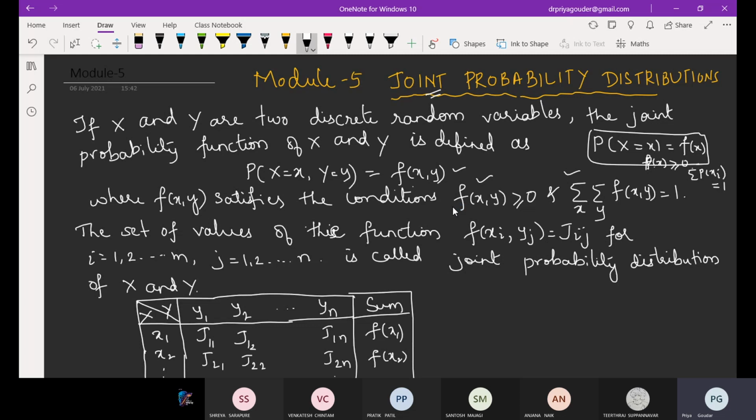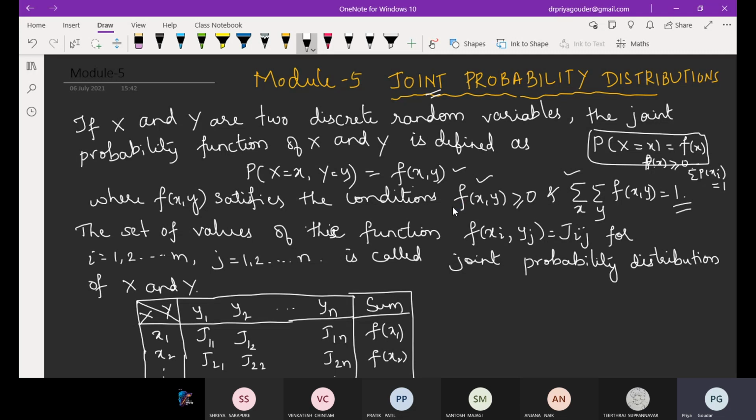Am I right? So same thing, only here instead of one variable, you have it as 2. So here the first condition is f of x comma y greater than or equal to 0. And if you take the summation of this function f of x comma y, the sum should be always equal to 1. If a function satisfies these two conditions, then this is called as joint probability function. Understood? It has to satisfy these two conditions.